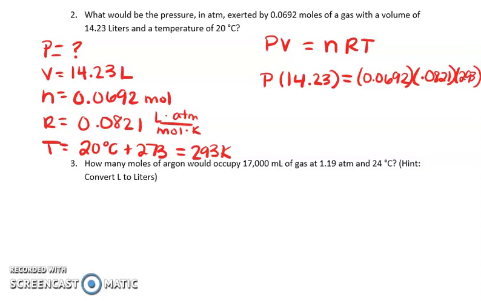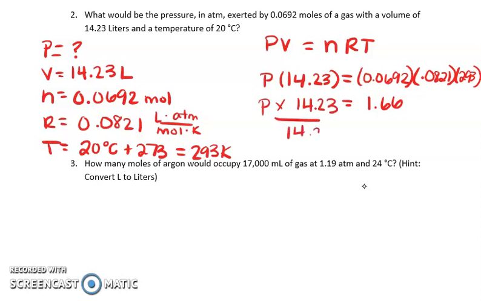So I'm going to solve this side. I'm going to multiply those together, and I'm going to get an answer of 1.6646, which I'm going to round off to 1.66. So I've got pressure times 14.23 equals 1.66.